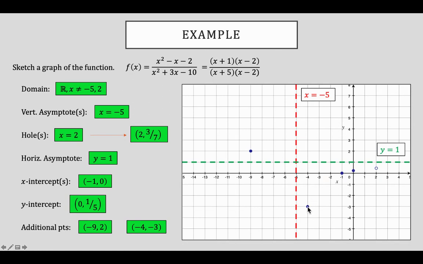Now, as my graph goes to the right of this point at -4, -3, it's going to approach this x-intercept, cross through the x-intercept, go through the y-intercept, go through this hole in our graph, and as the graph goes to the right, it must approach the horizontal asymptote. This gives us our final shape of our graph. There is example number 1 of graphing rational functions.